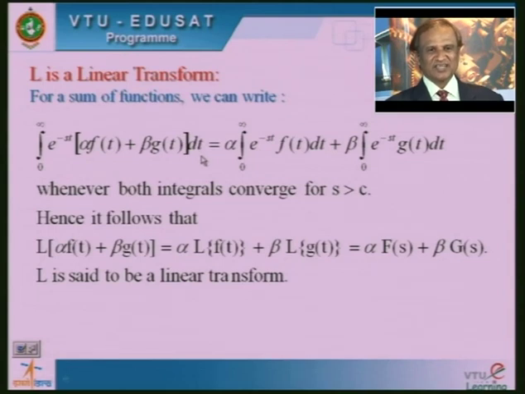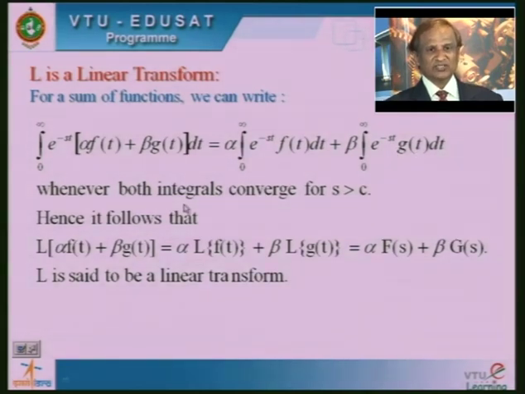Is it clear? So in that case we can write, alpha is a constant, we can keep as it is, integration of 0 to infinity e to the power minus st f of t dt plus beta into integration of 0 to infinity e to the power minus st g of t dt, right.